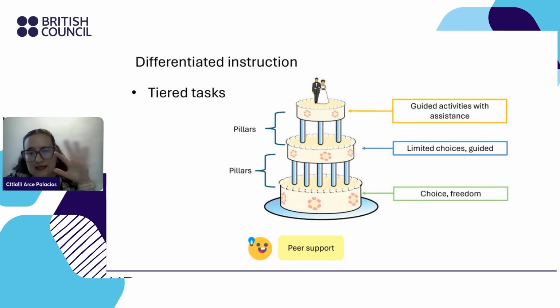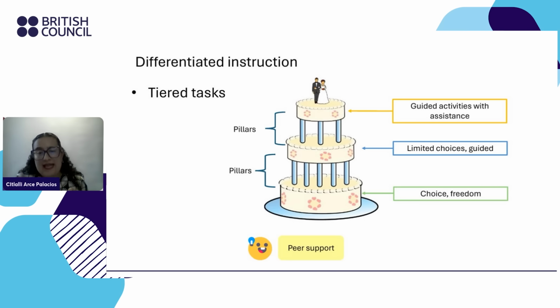So then we have the blue level, I would say. This second tier is going to be the average students, okay? They are going to have limited choices, but they are going to be guided, and they still have some independence.